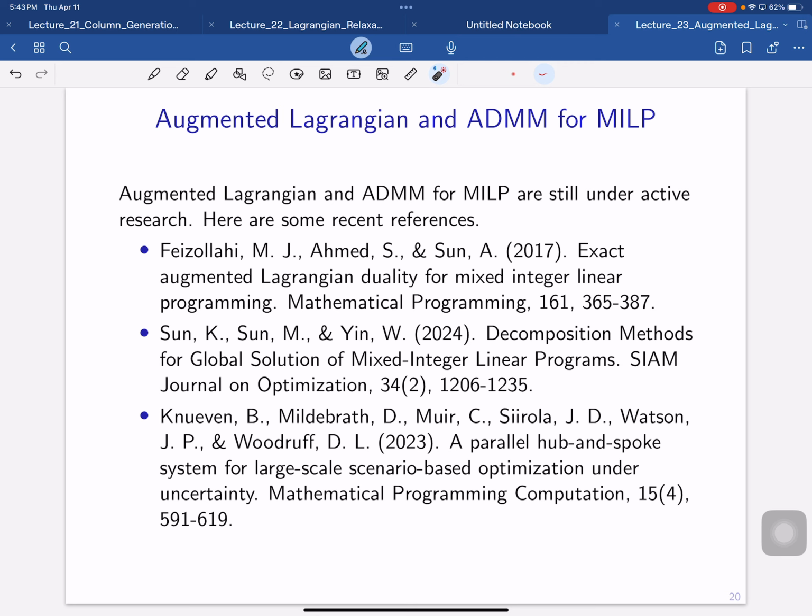It is not very mature. As you can see, the three references I gave here are all very recent. It is still under development. Maybe in this paper, they can prove convergence of some sort of ADMM methods on mixed integer linear programs, but that can be very expensive to do. Okay. So if you are curious, you can check those papers.